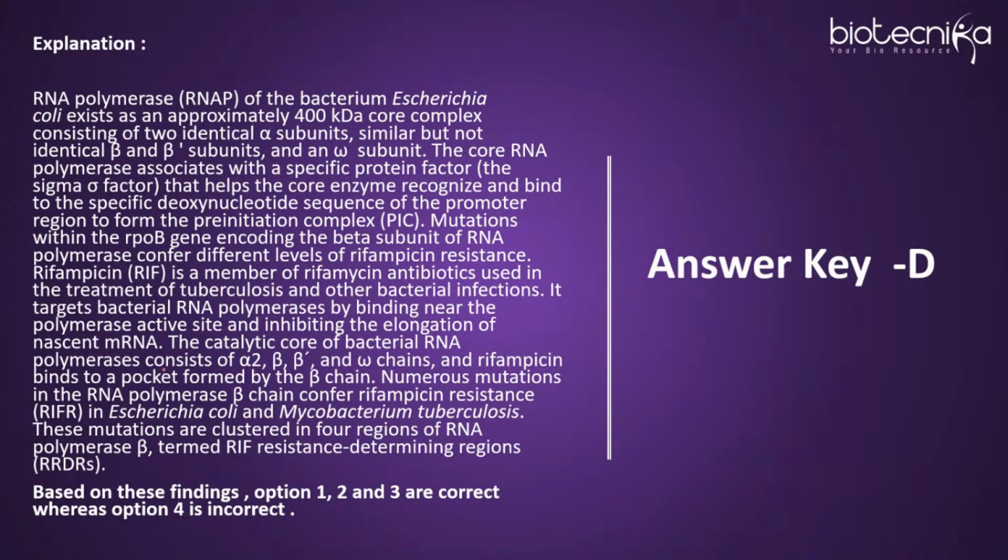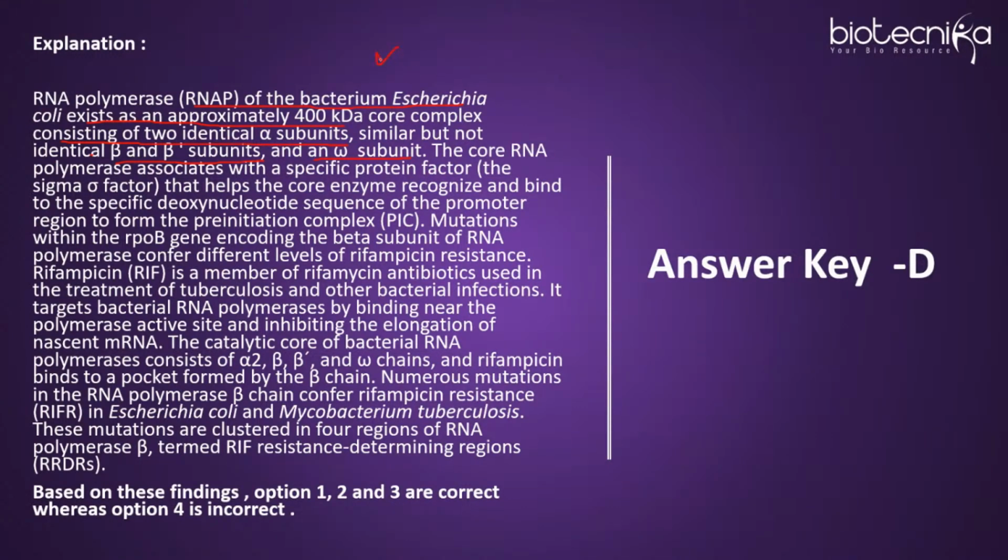RNA polymerase, RNAP, in the bacterium Escherichia coli exists as an approximately 400 kilodalton core complex consisting of two identical alpha subunits, similar but not identical beta and beta dash subunits, and an omega subunit. The core RNA polymerase associates with a specific protein factor.